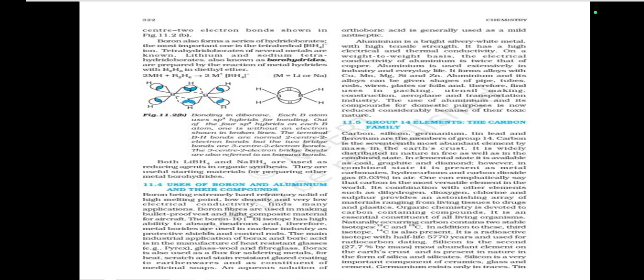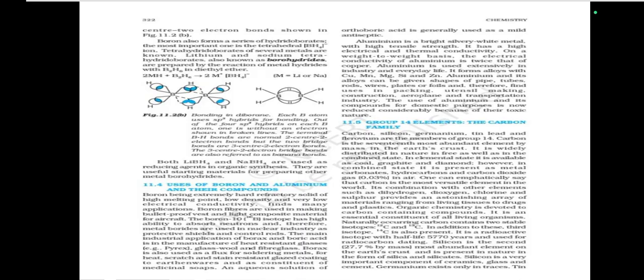Aluminium is a bright silvery white metal with high tensile strength. It has a high electrical and thermal conductivity on a weight to weight basis. The electrical conductivity of aluminium is twice that of copper. Aluminium is used extensively in industry and everyday life.